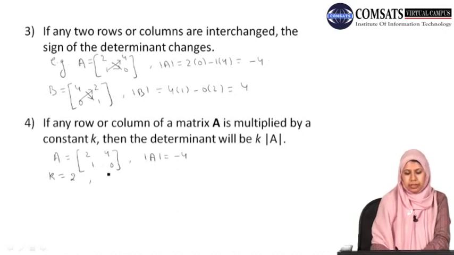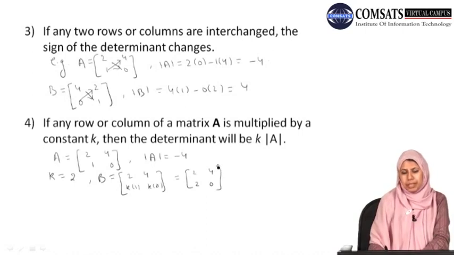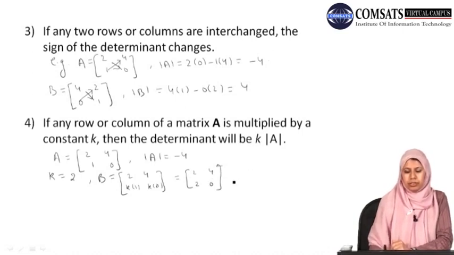That is, we obtain a matrix B, which has the first row as it is and the second row multiplied by the scalar, which is 2, 4, 2, 0. What we have done here is multiplied a row of a matrix by a scalar. Now we find the determinant of this matrix B, which is 2 into 0 minus 2 into 4, which is -8.